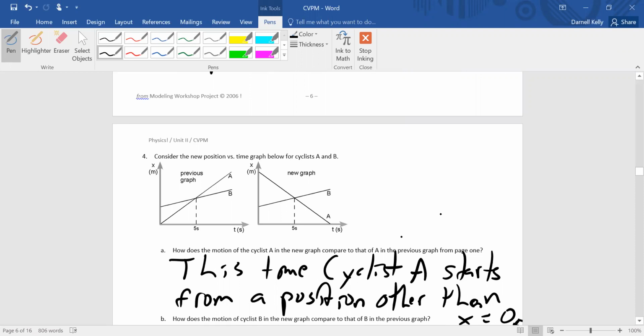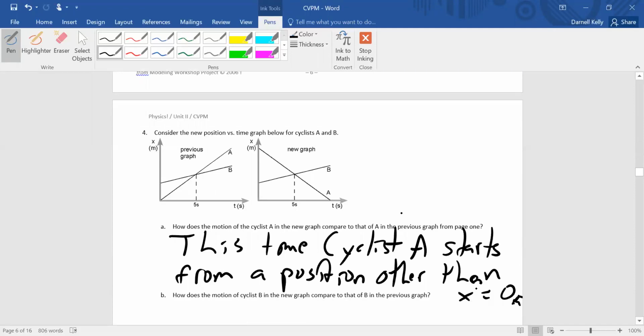So we can say this time cyclist A starts from a position other than 0, because last time A started at 0, and now it starts at whatever that could be, 25, doesn't matter. So it starts at a position where x is not equal to 0. We don't care what that number is. We just know it's not 0.